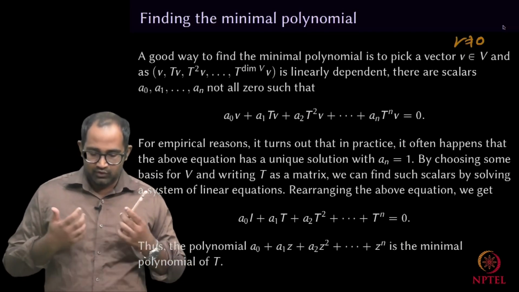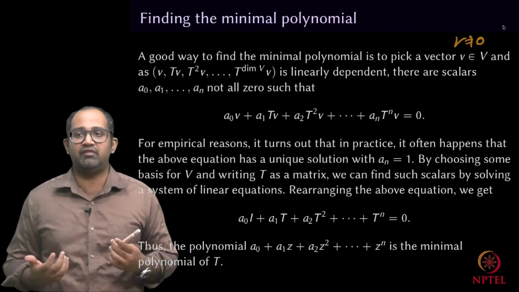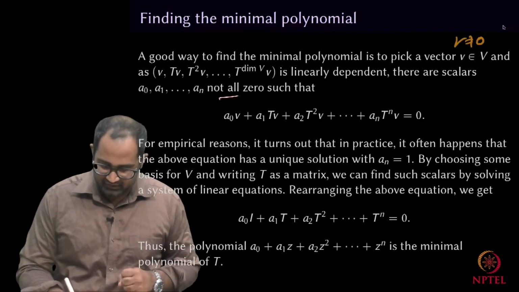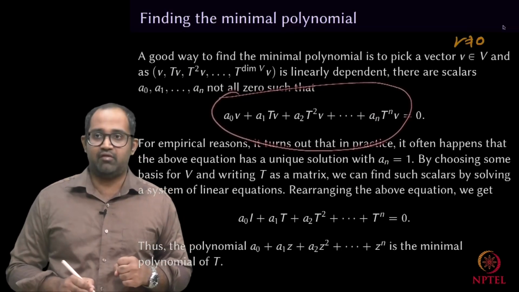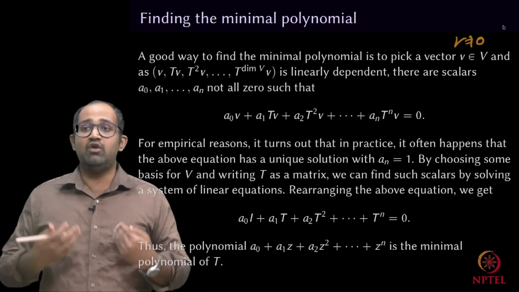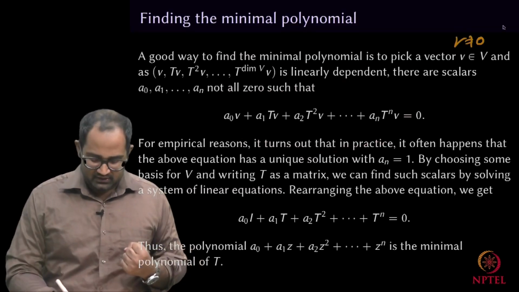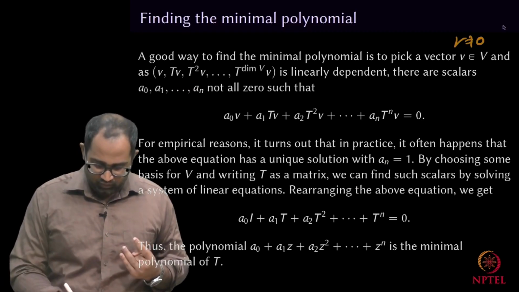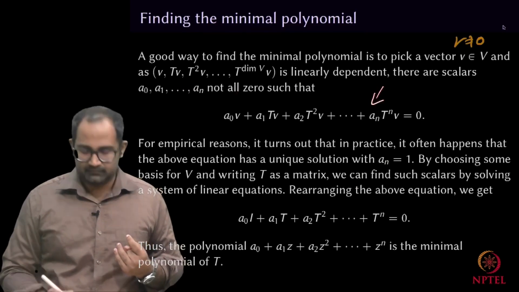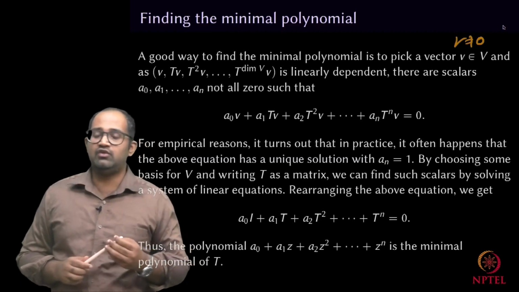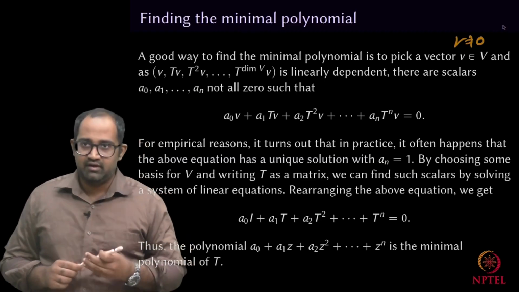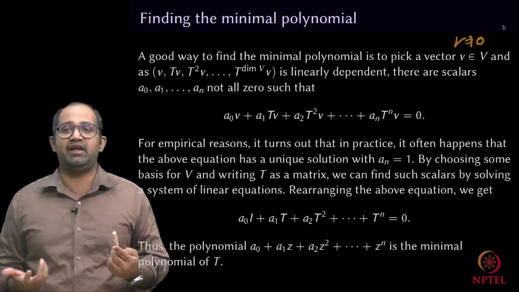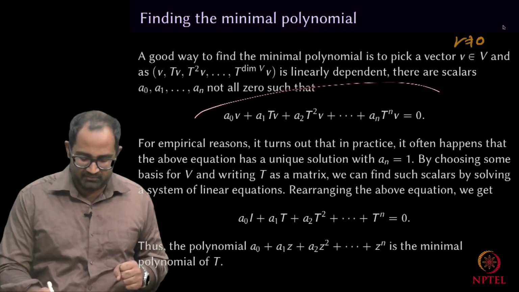So you will have a huge system of linear equations where the unknowns are the coefficients a0 to an. You have to find a0 to an such that this whole thing becomes 0.